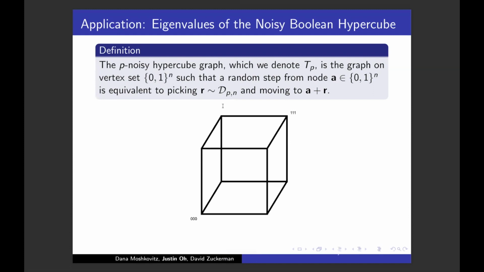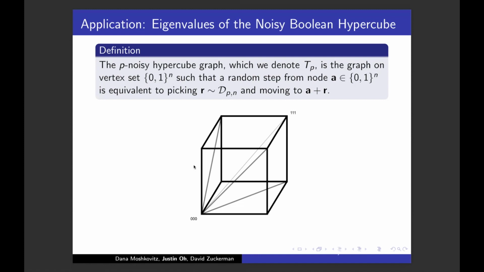And visually, you can think of this as, you have your Boolean hypercube, and at every single node, there is some non-zero probability of moving to every other node in the hypercube, except it's less likely for small p to move to farther away nodes, because this would require you to flip many bits, which happens independently with small probability.